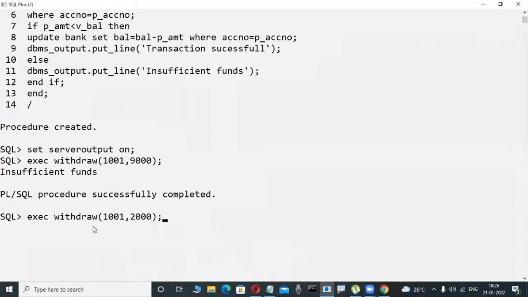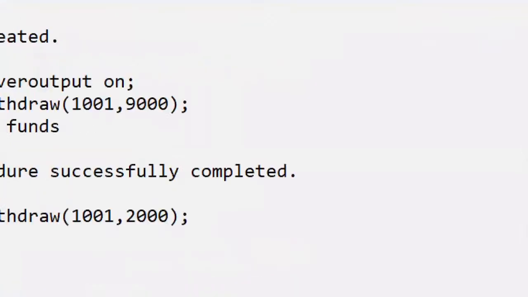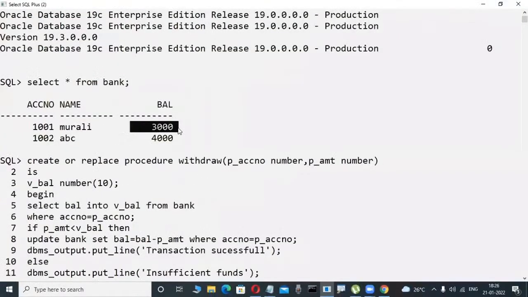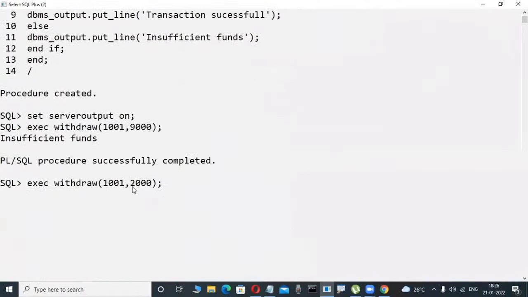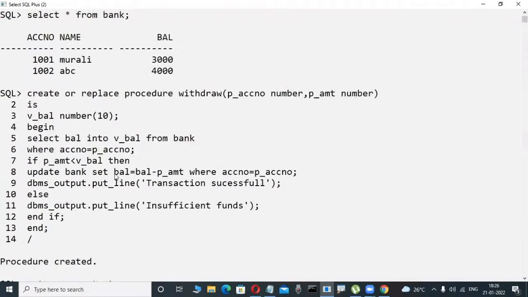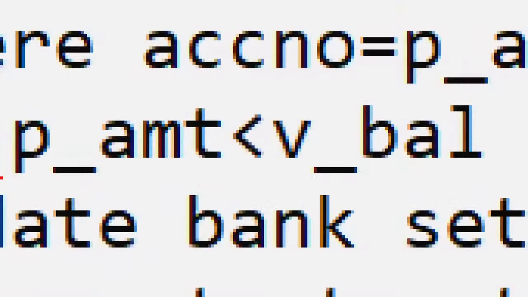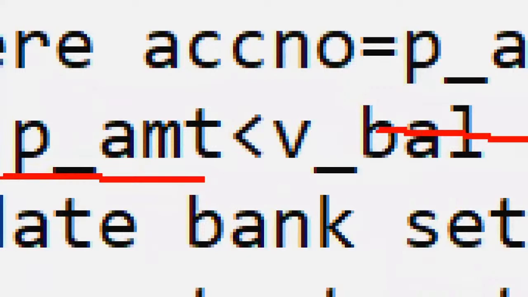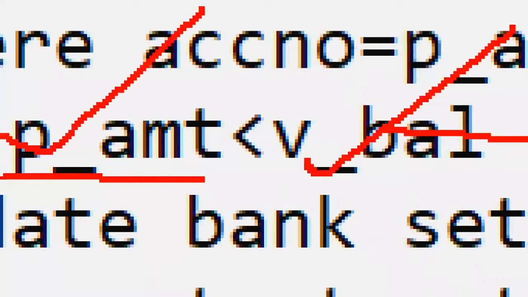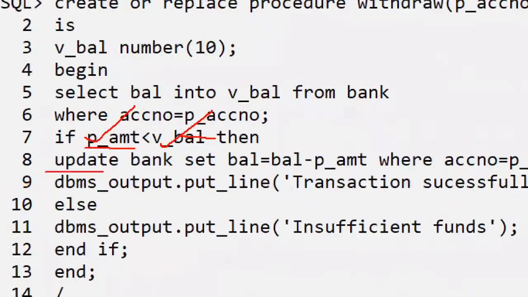Is it possible? Yes, possible. Why? Because my balance is 3,000, and I try to withdraw only 2,000. So whenever your passed amount, 2,000, is less than the available balance, in this case 3,000, I am updating the bank table.